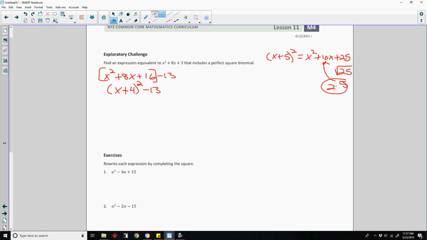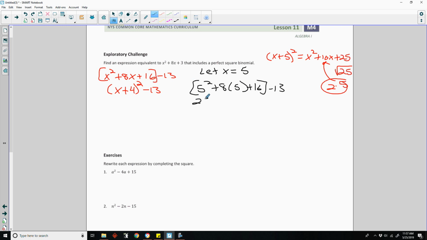Actually, before I continue, I'm going to show you that this is true. So let's substitute a value in. So let x equal 5. If I put 5 in here, that would be 5 squared plus 8 times 5 plus 16. And then I'd subtract 13 from that.